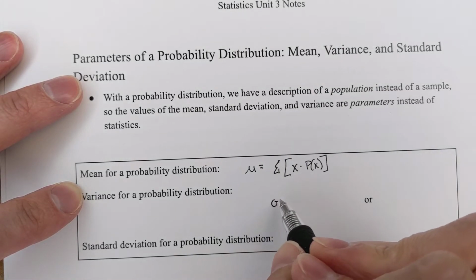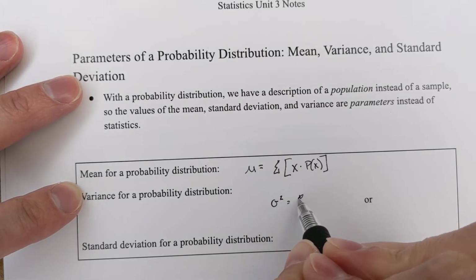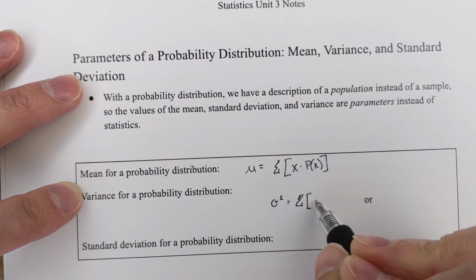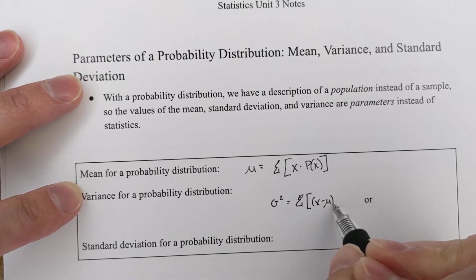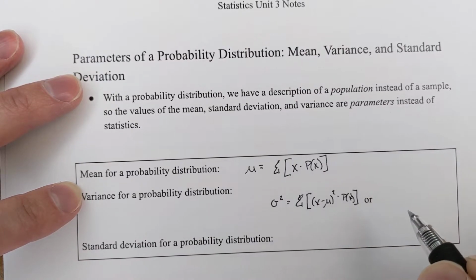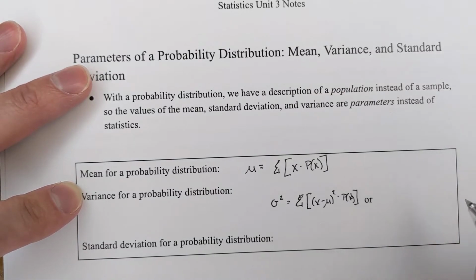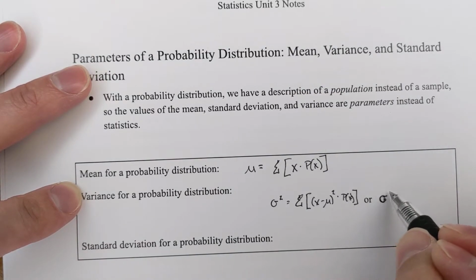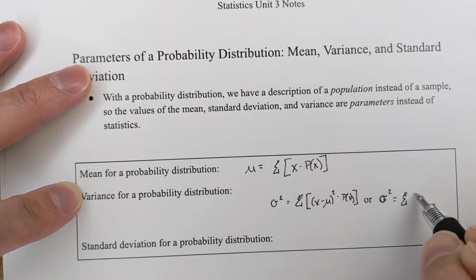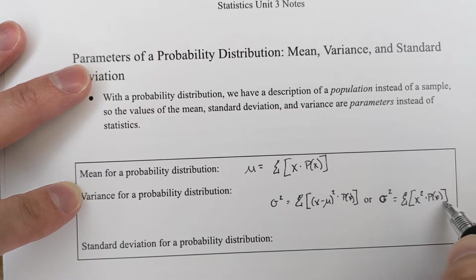Variance for a probability distribution. So we've got sigma squared as variance equals the sum of x value minus its average squared times the probability of x. Or sigma squared equals the sum of x squared times p of x minus the average squared.